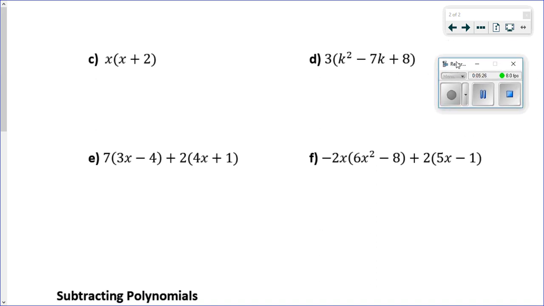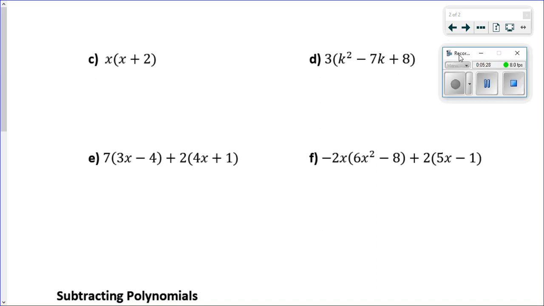Continuing on with that logic, here we have an x in front. So we're going to multiply x times x, which using our exponent rules, we now know is x squared. Probably had it memorized from before. And x times 2 is 2x.